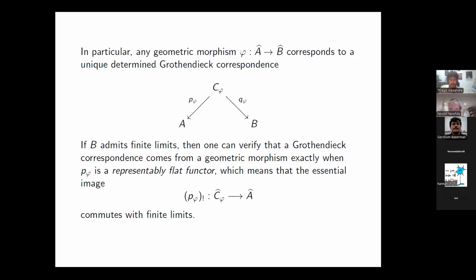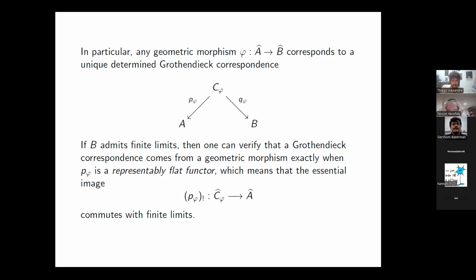In particular, any geometric morphism corresponds to a unique determinate Grothendieck correspondence of this sort, and we can verify that if B admits finite limits, in this case, then this Grothendieck correspondence comes from a geometric morphism exactly when the Grothendieck fibration associated here, appearing in the span, is what we call a representably flat functor, which means that the essential image of this functor commutes with finite limits.